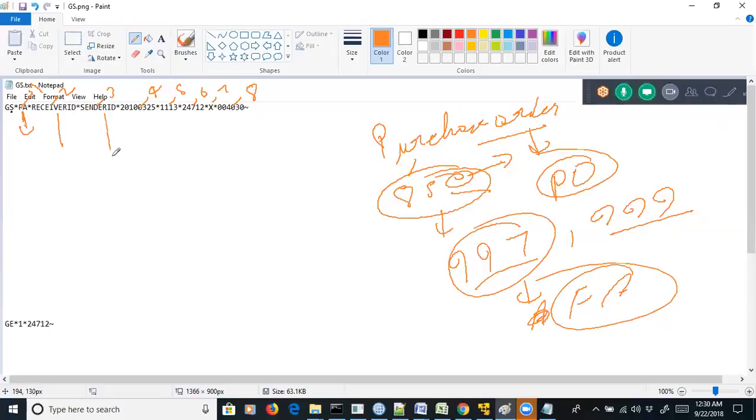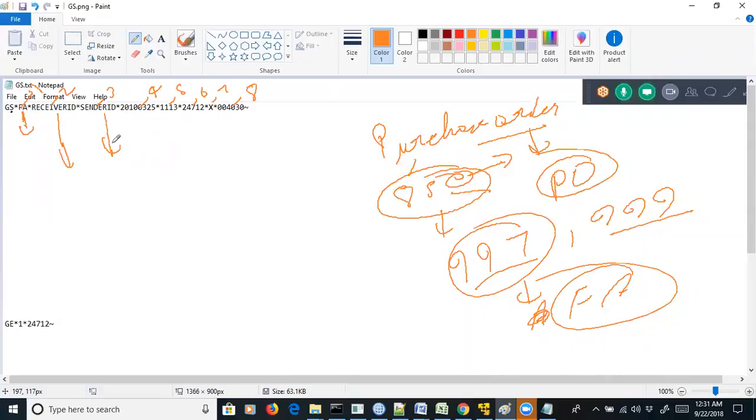Next is your sender ID and the receiver ID. If you remember, in ISA also you found sender ID and receiver ID. But that sender and receiver ID is different from this one, in a way that your ISA is the top level envelope, right?